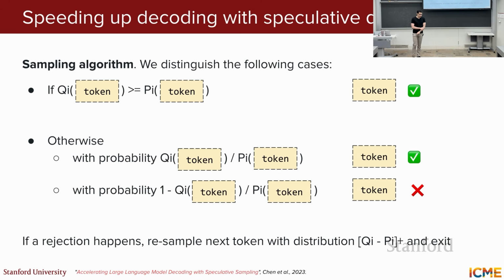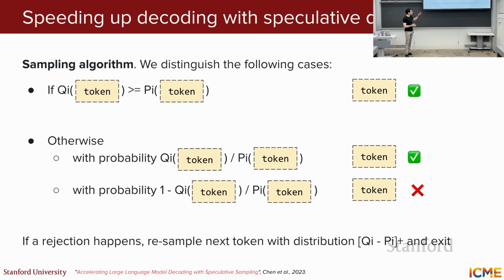It looks at the probability of the token that the draft model has predicted. If the probability under the target model is bigger than the one in the draft model's output distribution, then you just accept the token. Otherwise, you have some acceptance-rejection mechanism that either accepts the token or rejects it.